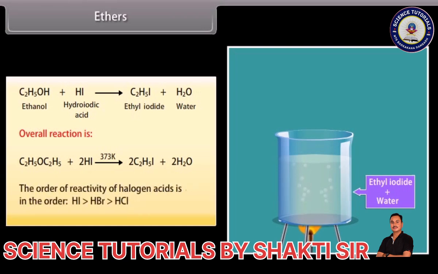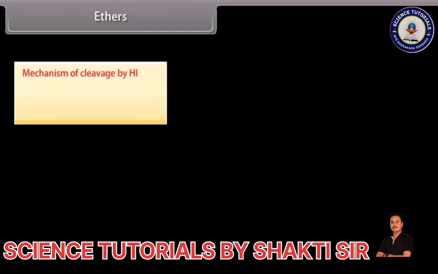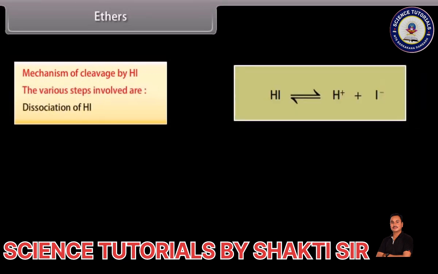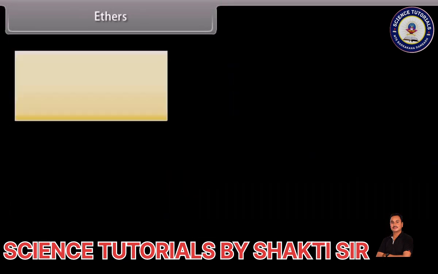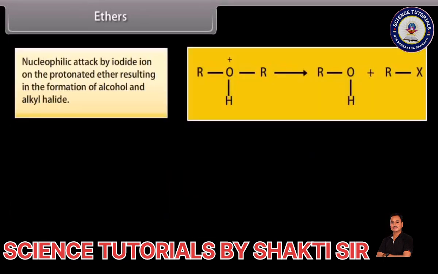The order of reactivity of halogen acids is hydrogen iodide, followed by hydrogen bromide and then hydrogen chloride. Mechanism of cleavage by HI. The various steps involved are dissociation of HI, protonation of ether, and nucleophilic attack by iodide ion on the protonated ether, resulting in the formation of alcohol and alkyl halide.